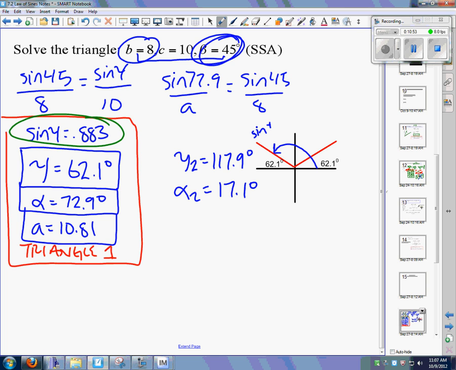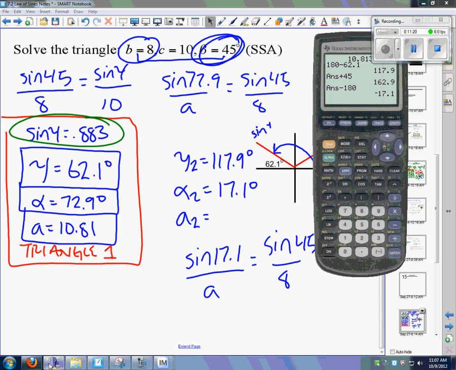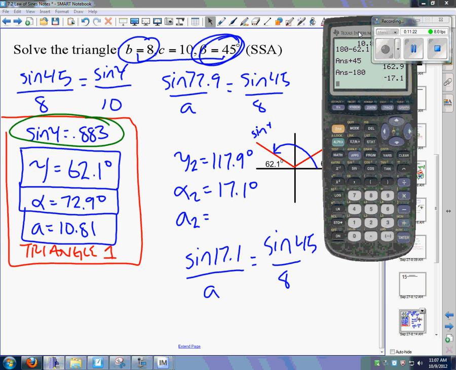Now, the only other thing we have to find is what the side of the second A is going to be. So we set up a ratio using the stuff that we have now. So sine of 17.1 over what we're trying to find. I'm going to use what's given again, sine of 45 over 8, and we solve this.